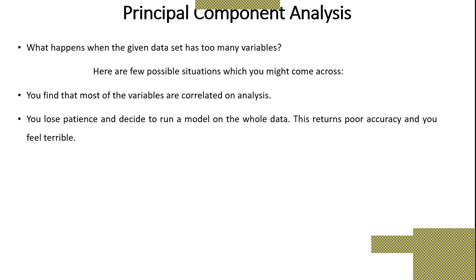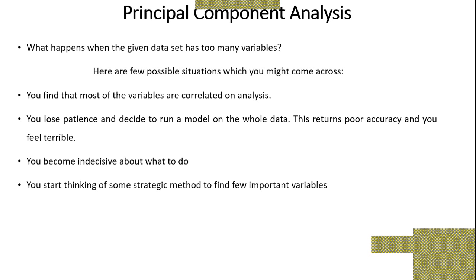This returns a poor accuracy and you feel terrible. You become indecisive about what to do. So you are not getting confidence in how to use that particular model, because we have a lot of attributes. You start thinking of some strategy to find the few important variables out of the number of variables.